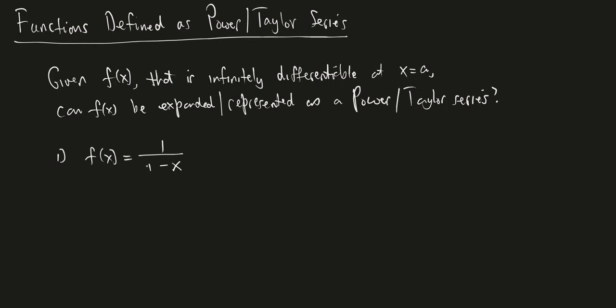Well, let's see now if we can actually represent this as an infinite series, and in the same breath talk about its interval of convergence. Now, let's say we want this to be at x equals 0. Again, just for convenience, we're going to take the center to be at 0, which makes this a Maclaurin series, if we come up with one.